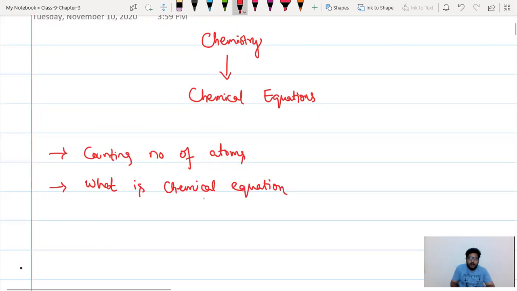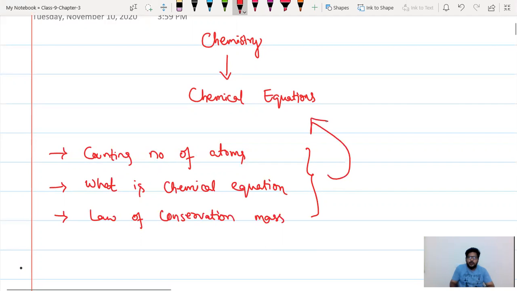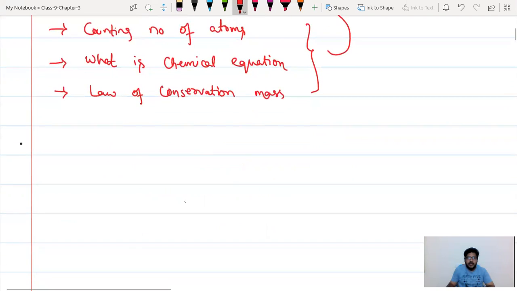And last one, what is meant by law of conservation of mass. If you understand these three, then it will be so helpful for you to understand how to balance chemical equations. So first we'll see chemical equation.